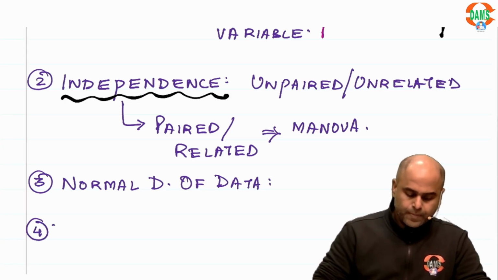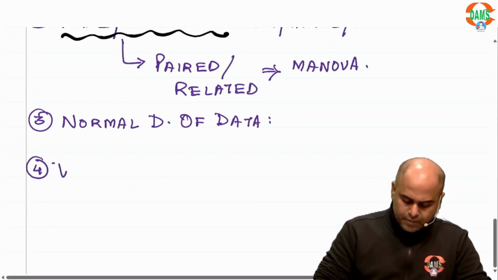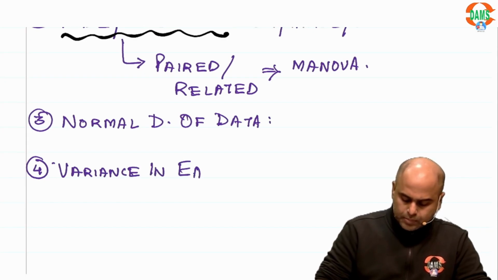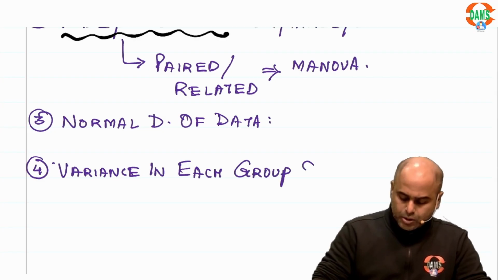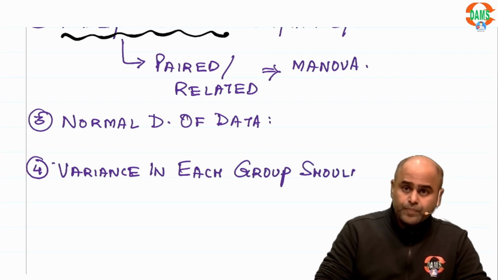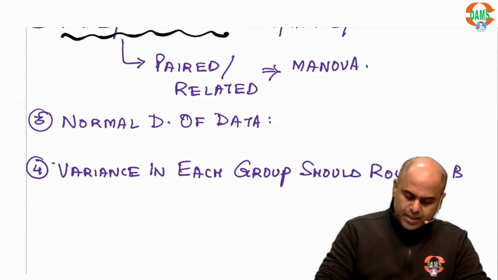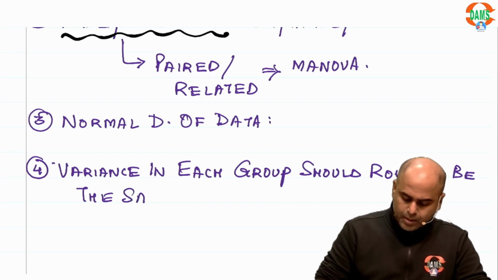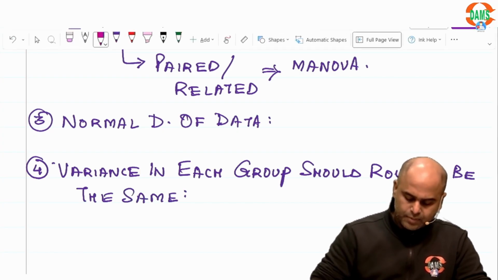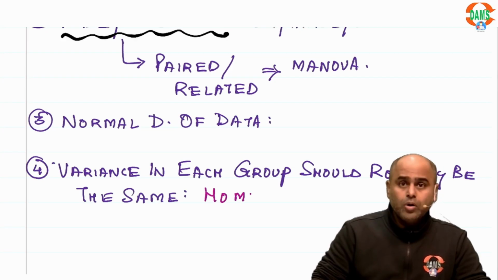Fourth, the variance in each group should roughly be the same, that is, the data should have homogeneity.